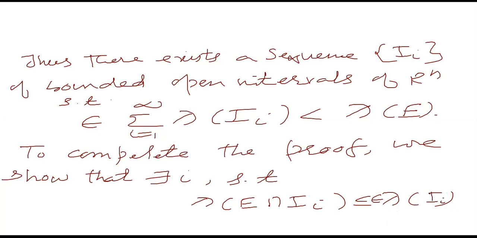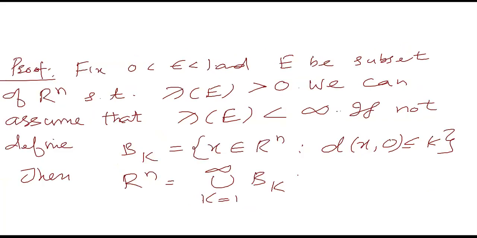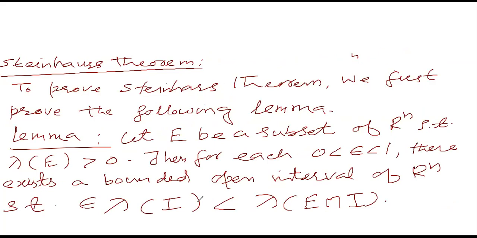Actually, you can see the statement of the lemma here. What's the statement of the lemma? For each epsilon positive, there should exist I so that epsilon times the Lebesgue measure of I is less than the Lebesgue measure of E intersection I. Actually, we show this one.